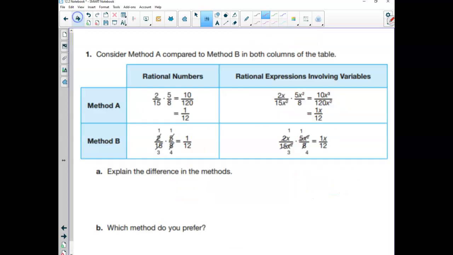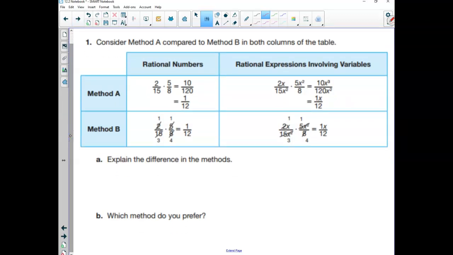All right? And as I cruise along here, consider method A compared to method B in both columns. Take a look at them, study them, explain the differences between the two methods. Method A is the way you don't want to do things, which is just multiply everything across. Method B simplifies before you multiply. Which method do you prefer?